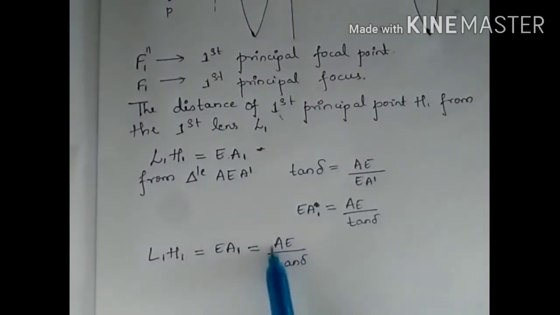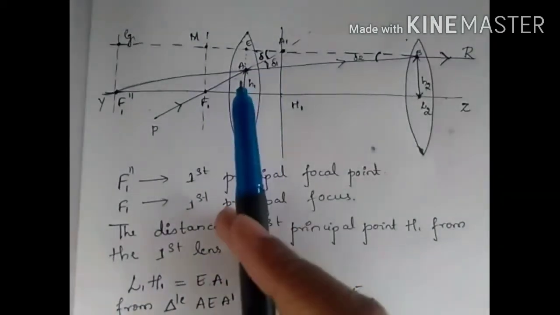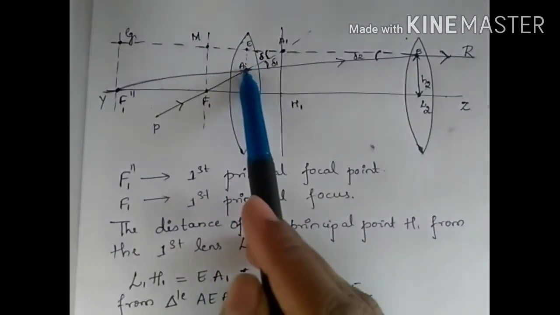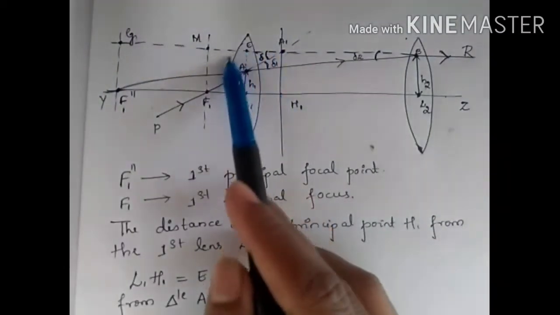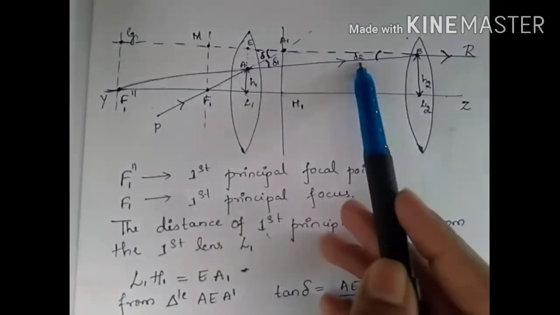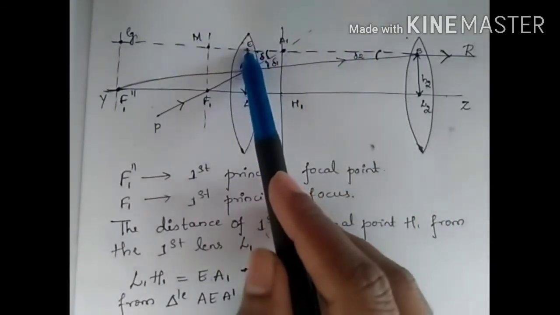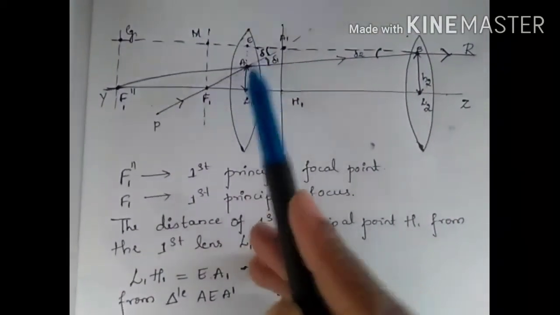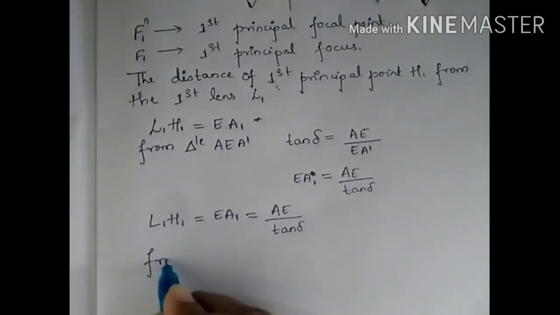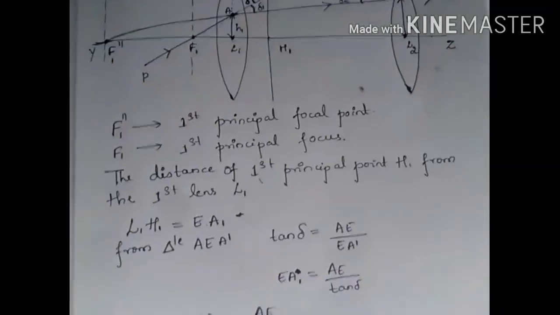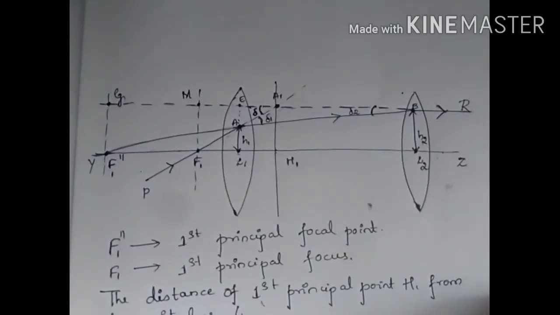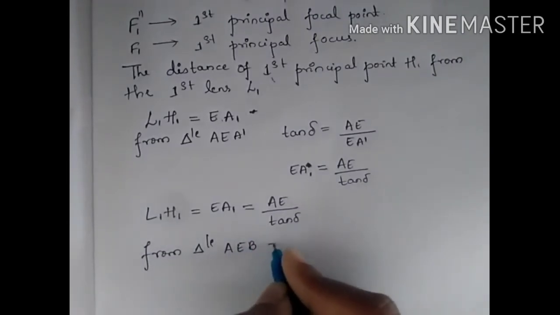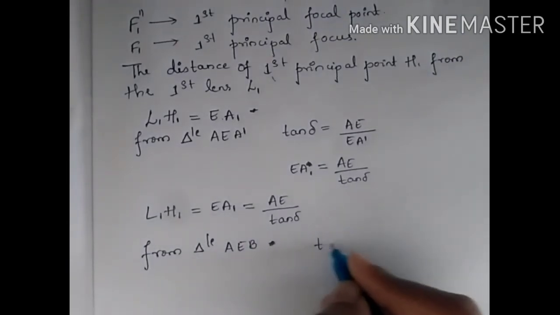So now the unknown term here is AE. So from the diagram you can write AE. So to write AE you can consider delta. So you have already considered delta. Now let us take the delta 2. So AEB triangle will give the value of AE. So from triangle AEB, what you can write?